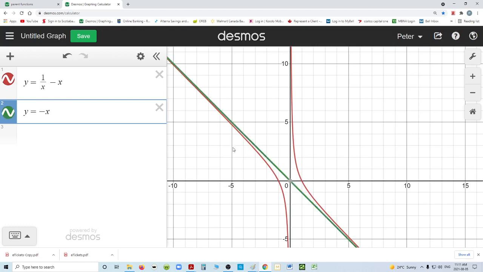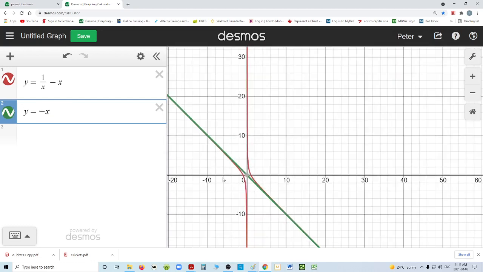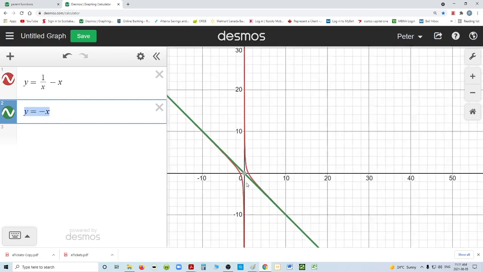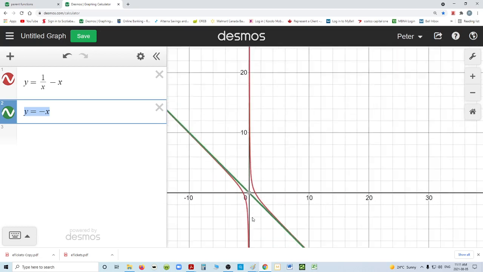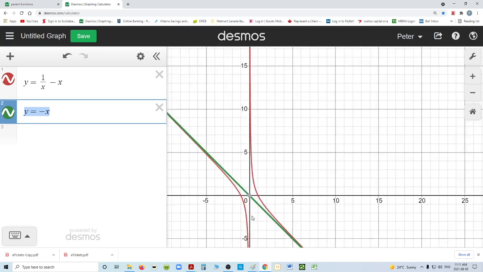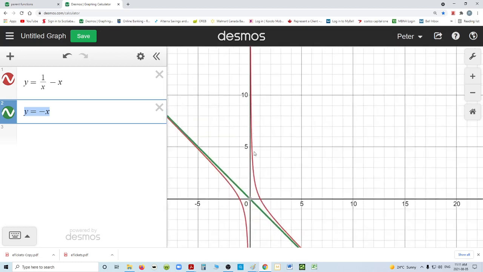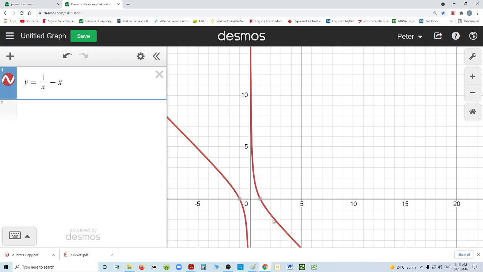So that's a reflection straight through origin when y is equal to minus x. So you can see everything that happens on the right side of the green line is mirrored through the green line on the other side. All the values here go down to here, and all the values here go over to here. And actually, the green line isn't an accurate representation because it's being reflected right through origin.